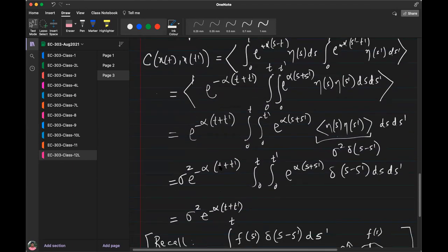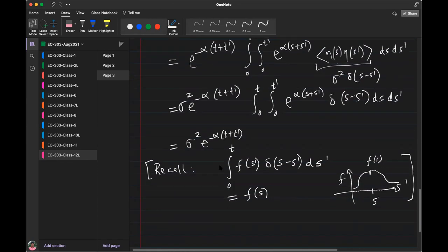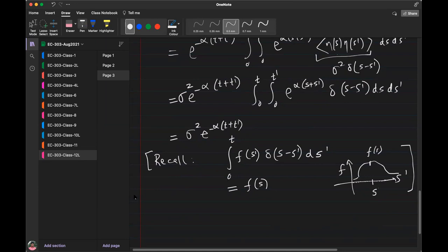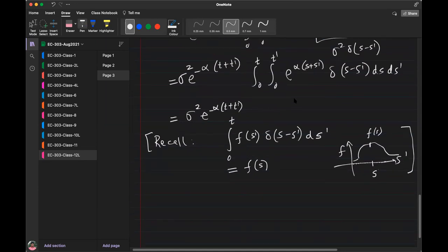Okay, so we have gone through these integrations now, and I'm going to use this result. What this means is that I'm going to use one of the two integrals and get this done. So I'm going to use the s prime integral.